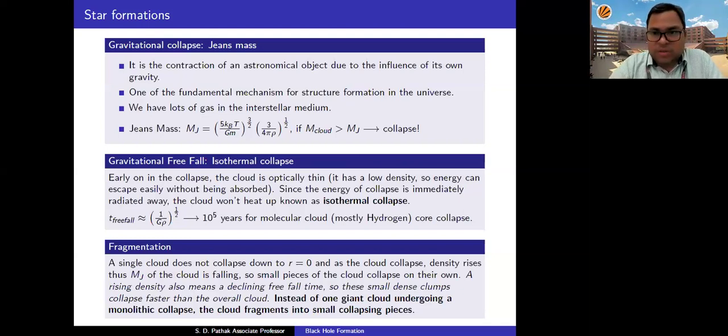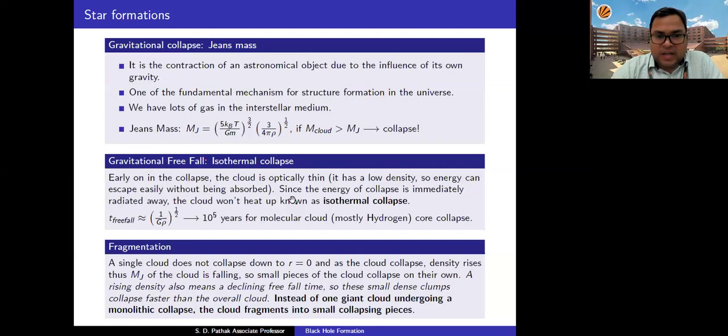The isothermal process you know very well from thermodynamics: the process in which the temperature stays constant, right? And the adiabatic process is the thermodynamic process in which the transfer of heat is not possible, so technically the change in heat is zero. Now, isothermal gravitational collapse, also called the gravitational free fall.